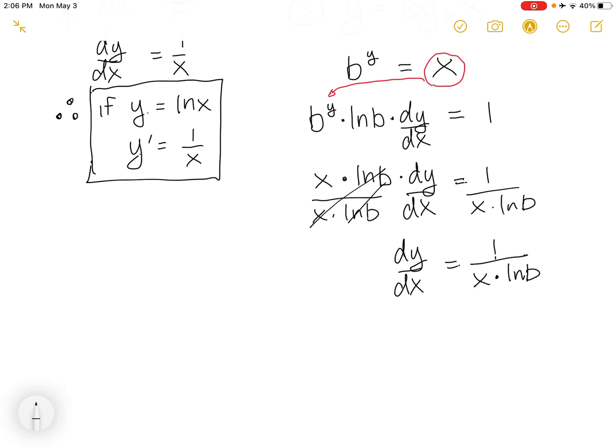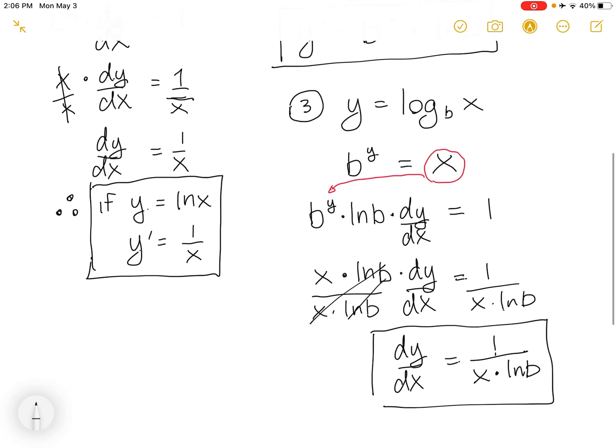So this is the derivative of the function y equals log base b of x.